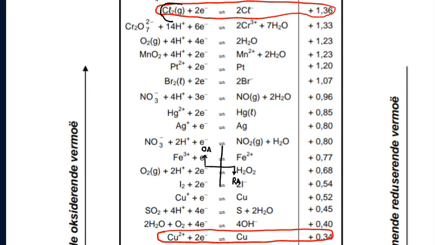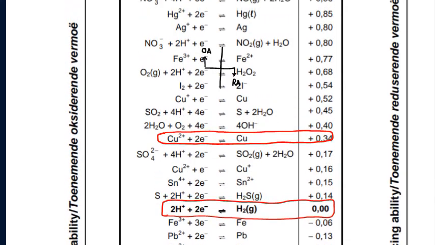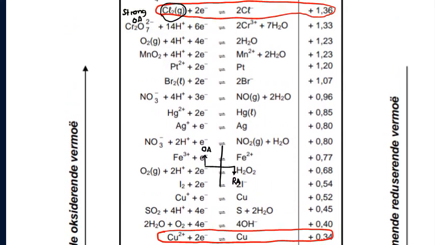Chlorine gas is therefore a strong oxidizing agent, according to the direction arrow. Or you can just remember what's written on the side over here: as you go upwards on the table, you see increasing oxidizing ability, which basically just means that you have a stronger oxidizing agent.